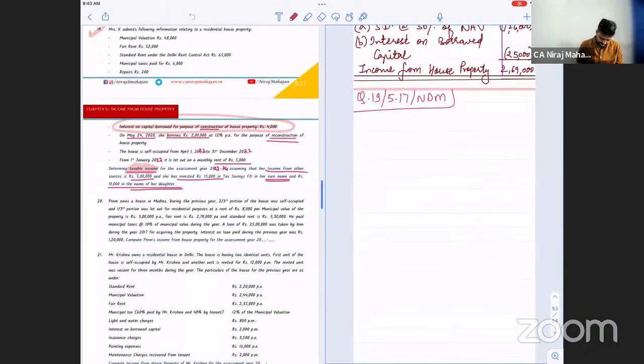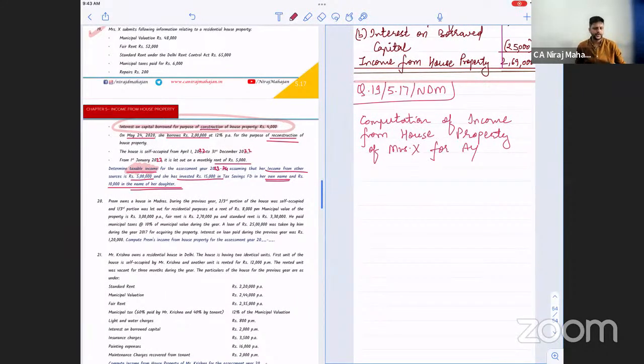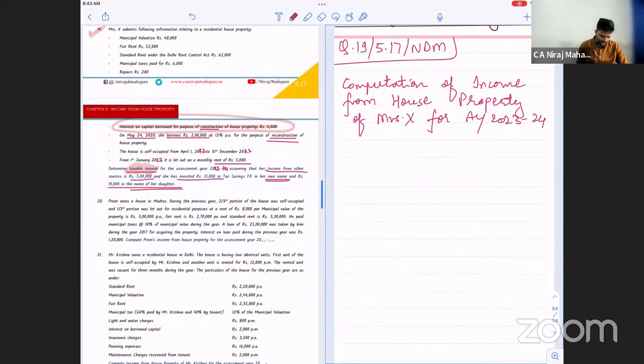Computation of income from house property of Mrs. X for AY 23-24. Particulars and rupees.